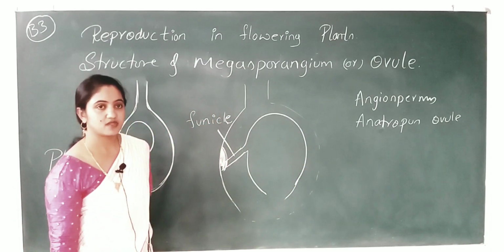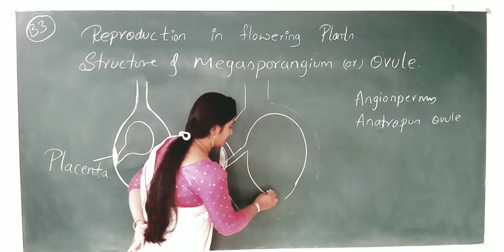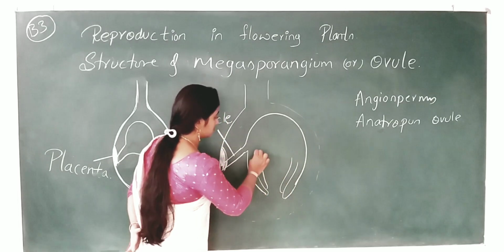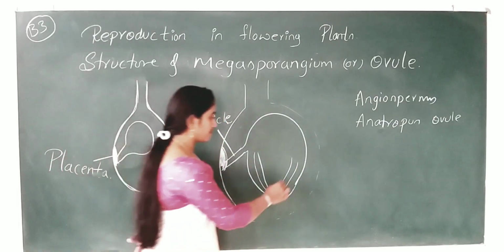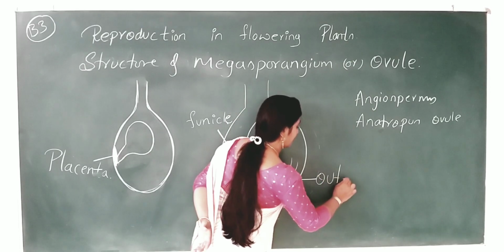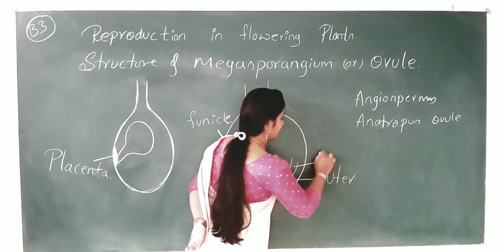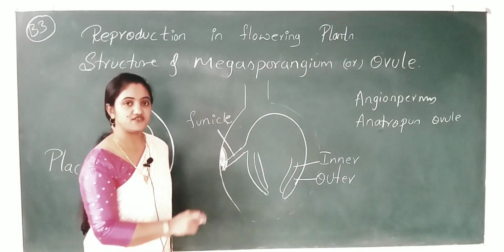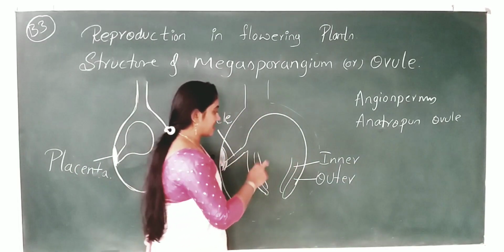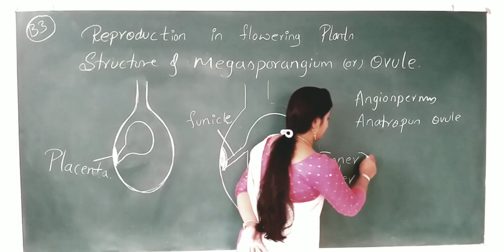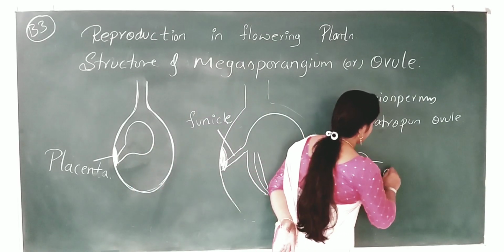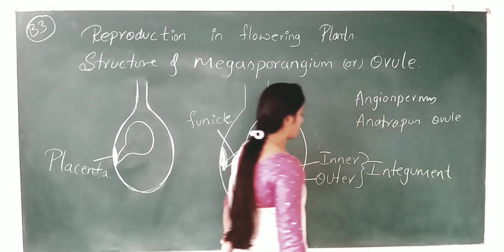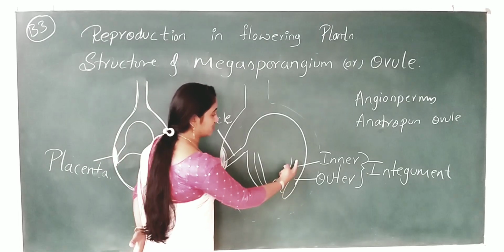This body is protected by two layers, an outer layer and an inner layer. But scientifically we should not say layer. It has one specific name, integument.